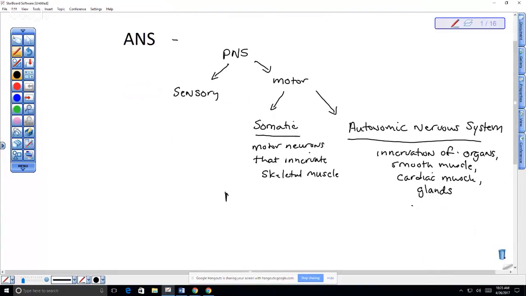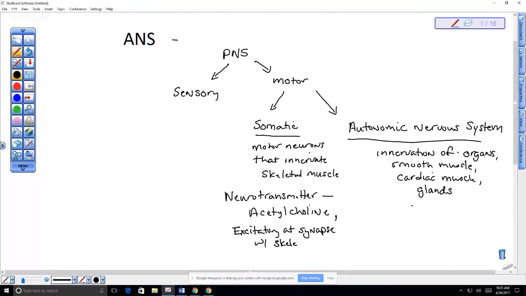Acetylcholine, right? So remember that acetylcholine in this particular instance is excitatory in the somatic. So underneath the somatic, motor neurons release acetylcholine, and this is excitatory at the synapse with skeletal muscles.